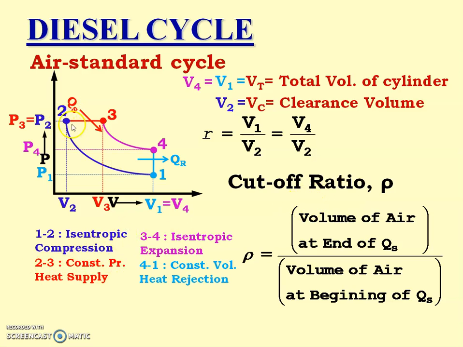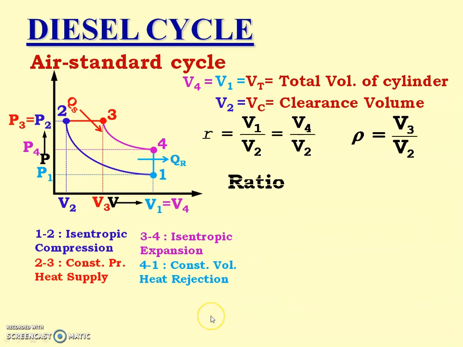So at point 2 heat supply starts, at point 3 heat supply ends. So the volume of air at the end of heat supply is V3, and the volume of air at the beginning of heat supply is V2. So the cutoff ratio rho is equal to V3 by V2.